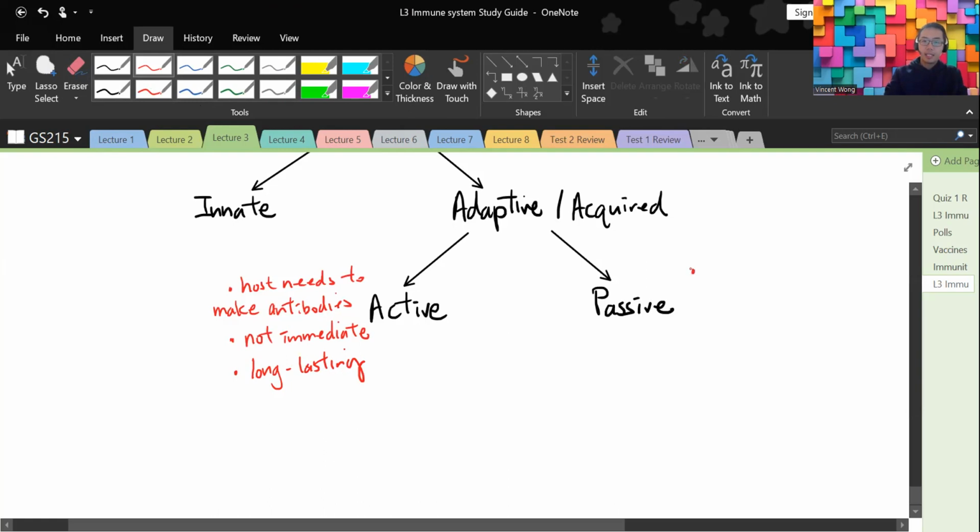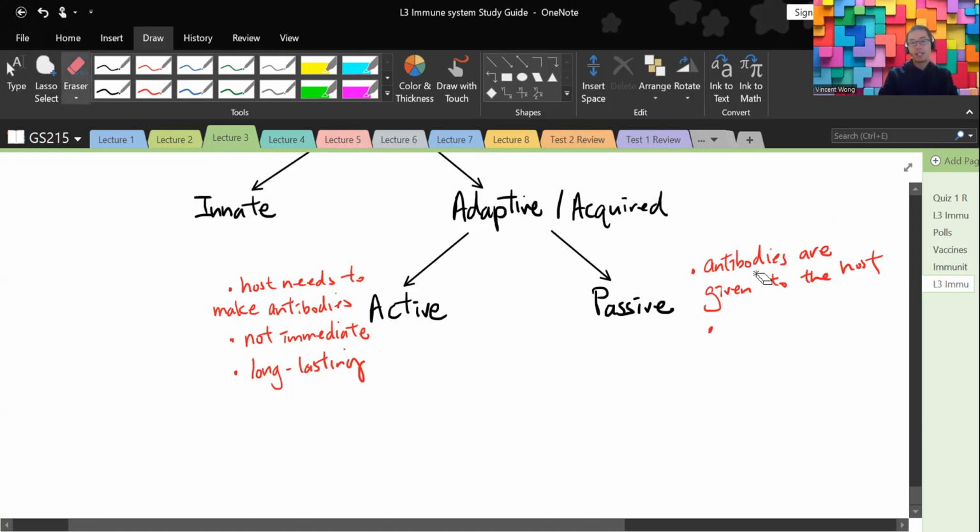Passive immunity is that the host does not need to make their own antibodies, but rather antibodies are given to the host. Someone else, or something else, made the antibodies, and you receive them from that source. You did not make them.